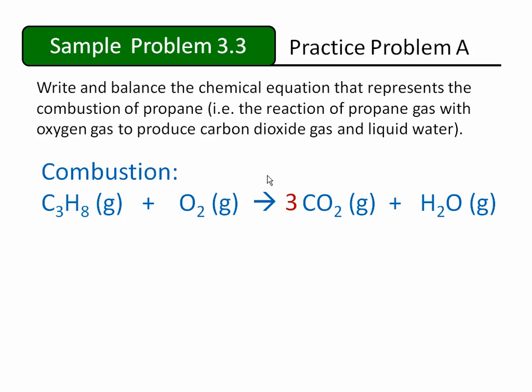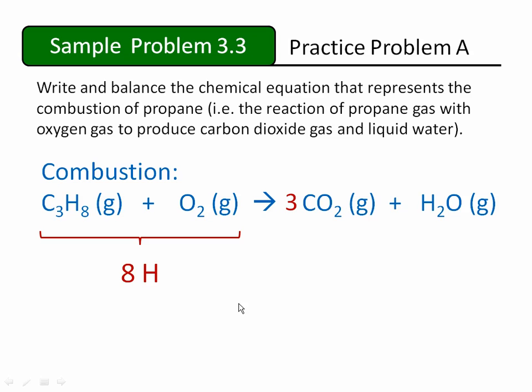Now that the carbons are balanced, we'll need to make a decision about whether to balance the hydrogen or the oxygen next. I personally would rather balance the hydrogen next because I see hydrogen in one reactant, the C3H8, and in one product, the H2O. The oxygen atoms are split between the CO2 and the H2O in the products.